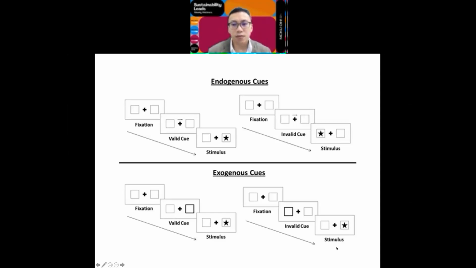And we can combine this Posner cueing paradigm with the double dot detection task and study how participants utilize the validity of the cues to shift their decision strategies from parallel processing to serial processing.